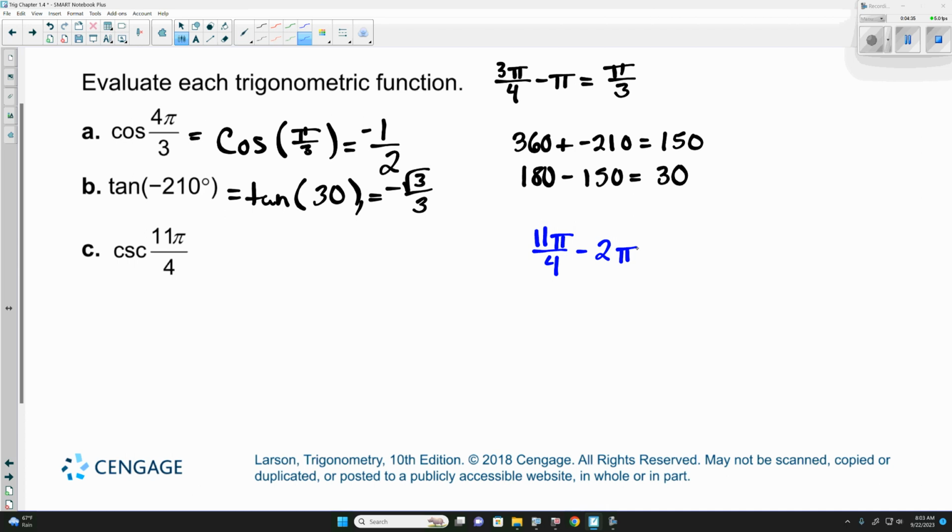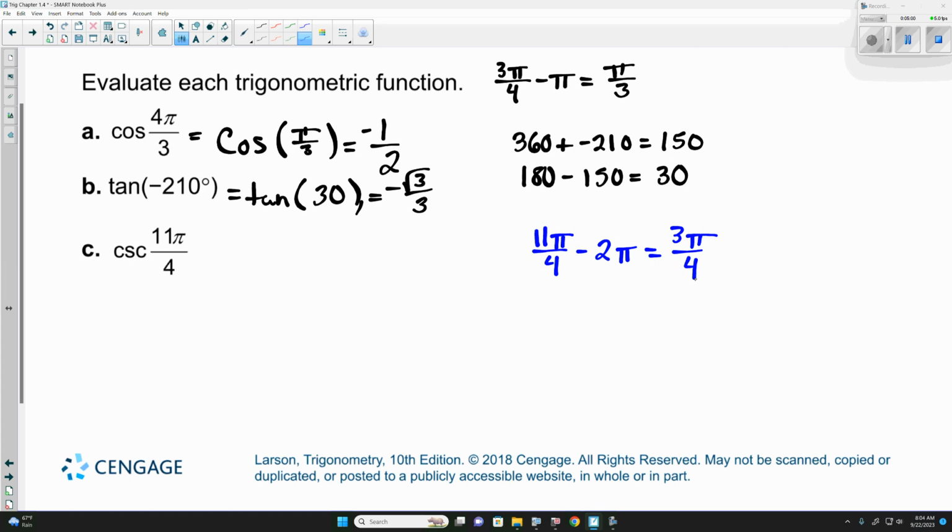Part of the reason we know it's bigger is, well, 4 times 2 is what? 8. 11 is bigger than 8, so we're outside of that range. So we can subtract 2 pi and get 3 pi over 4. Now that is between 0 and 2 pi.